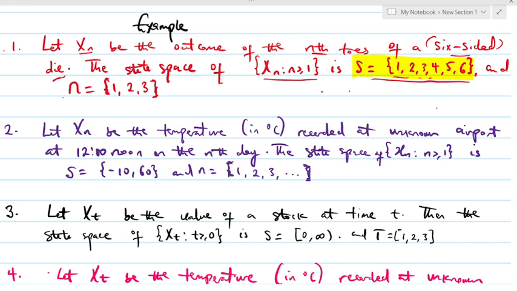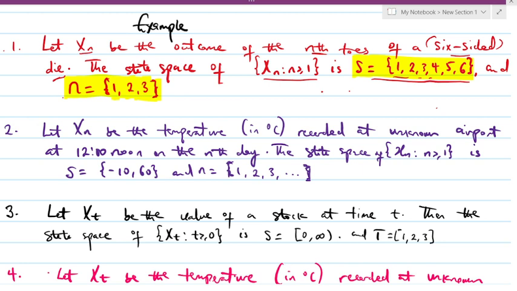And the number of times we want to check is 1, 2, 3. What does this example try to mean? We want to check what will be the outcome of tossing a 6-sided die. Once we toss it the first time, what will be the outcome? The second time, what will be the outcome?